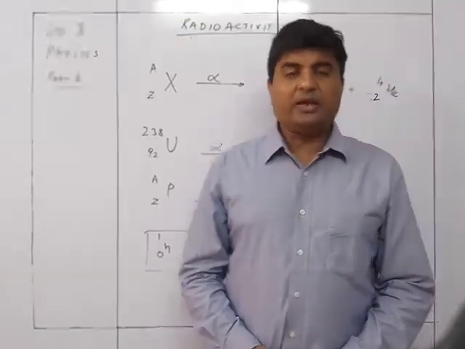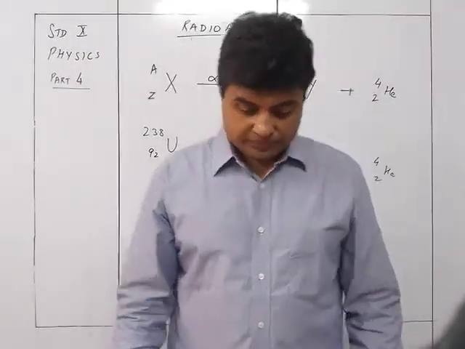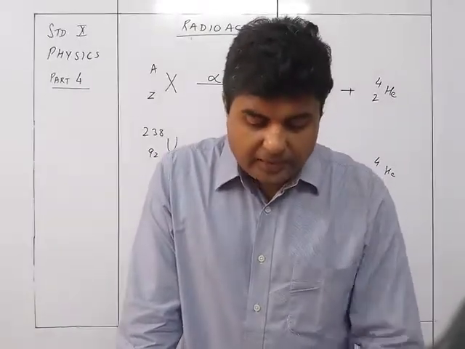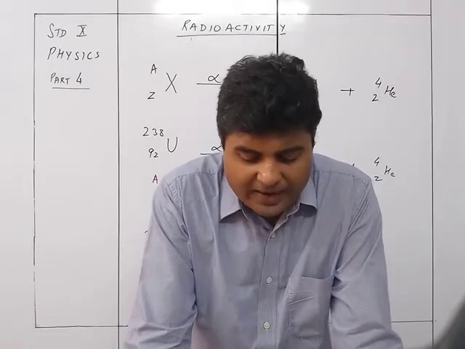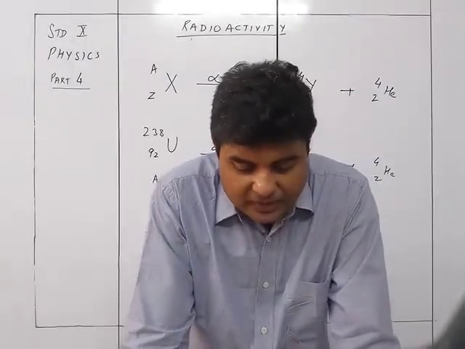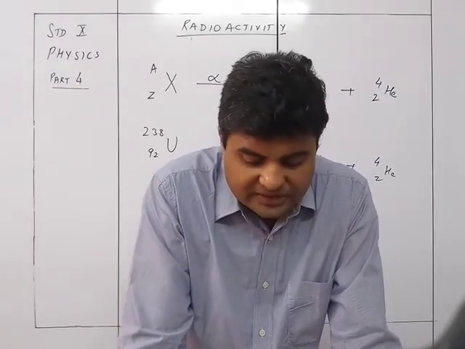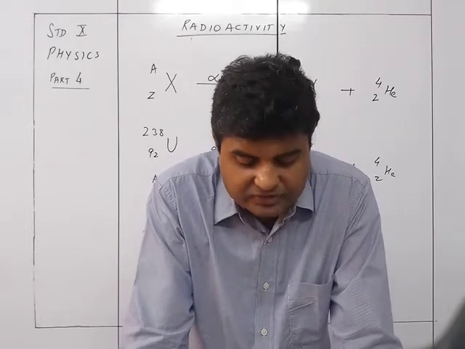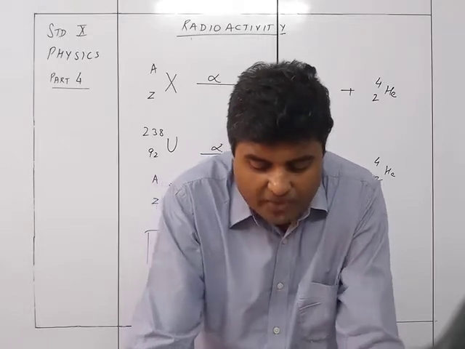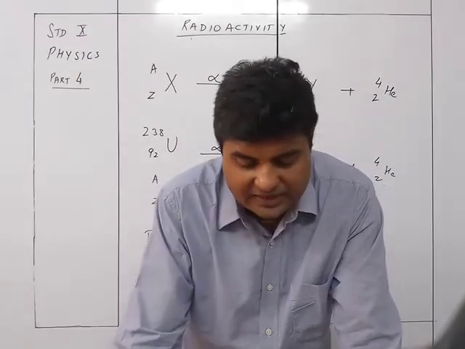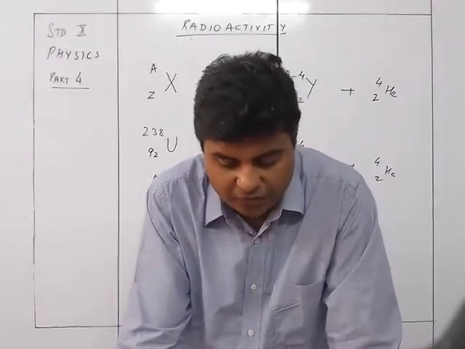Now we move on to the gamma emissions. In many cases, alpha and beta radiation emission is found to be followed by a gamma emission. It occurs when the daughter or the parent nucleus is in a state of excitation, that is, it has excess energy. This extra energy is released in the form of electromagnetic radiation known as gamma radiation or gamma ray photon.